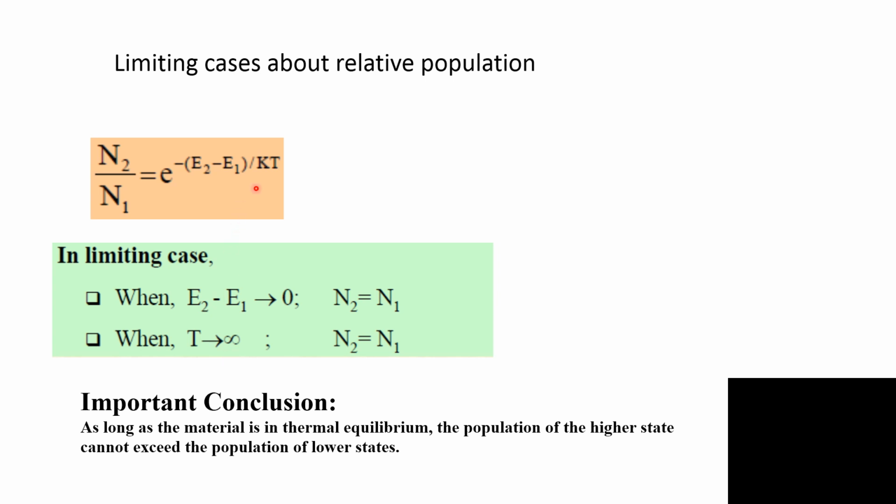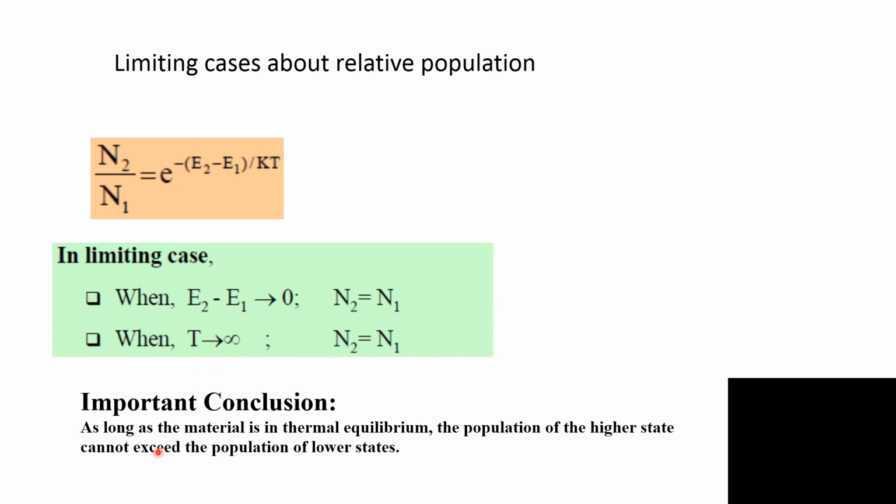If I replace T with infinity, something over infinity is 0, so again we get 1. Then again the population of N2 is equal to the population of N1. So we can get a high population at the upper energy level if we increase the temperature too much.